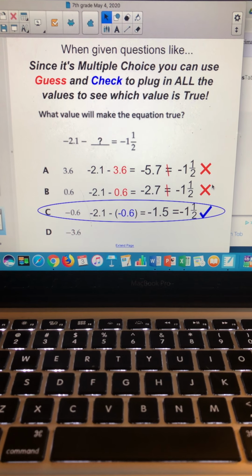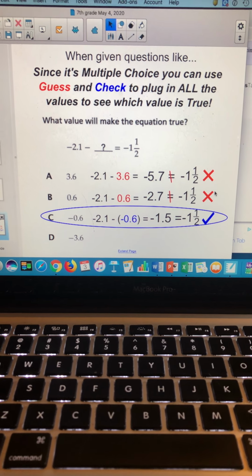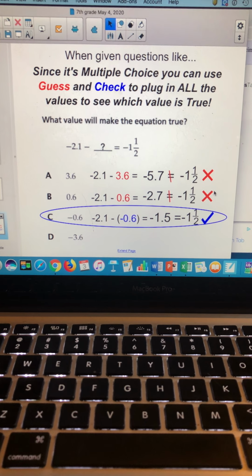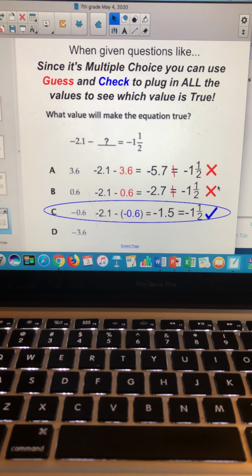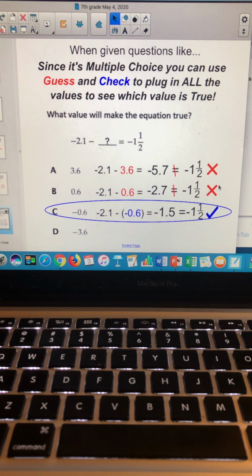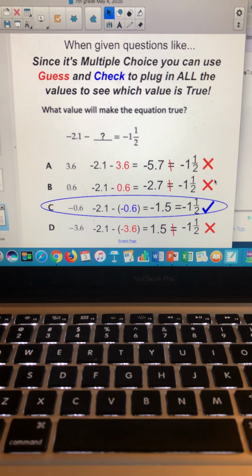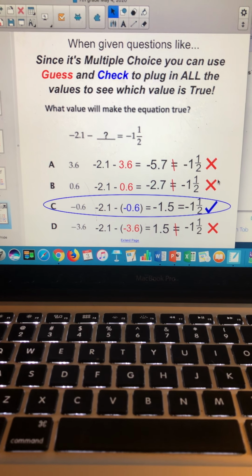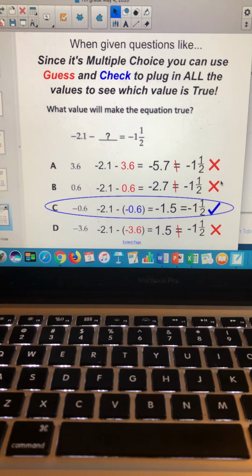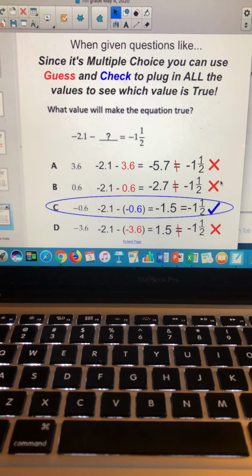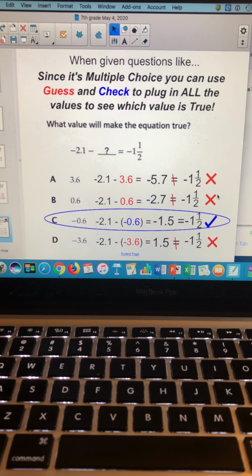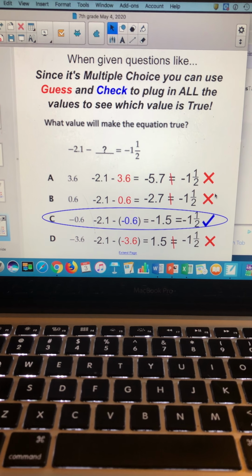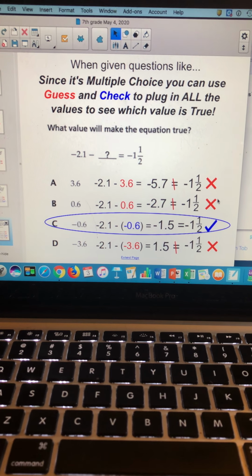When we plug in negative 0.6 to our equation, we do get negative 1.5. So C was actually the correct choice. And D also does not equal negative 1.5. It equals positive 1.5. So this is one way you could have answered this question: by plugging in the choices and seeing which one gave you the correct solution.